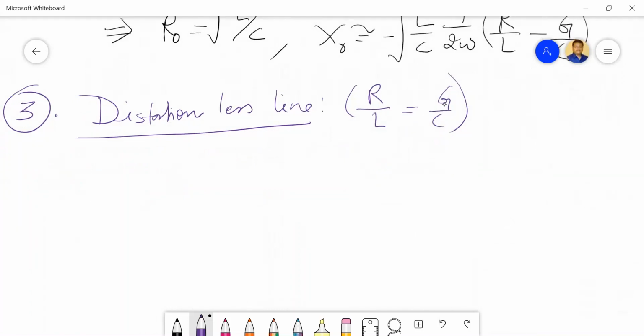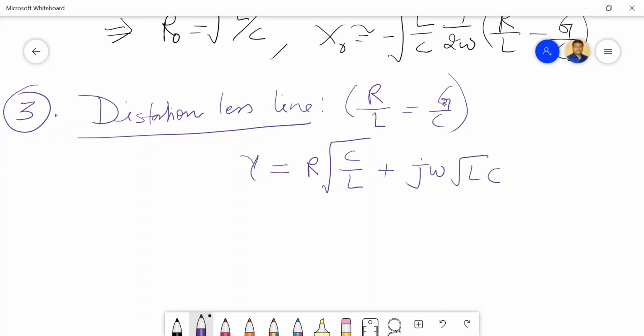You are supposed to recall gamma again and incorporate this condition. If you solve with this condition, you can write gamma as R under root C by L plus j omega under root LC.